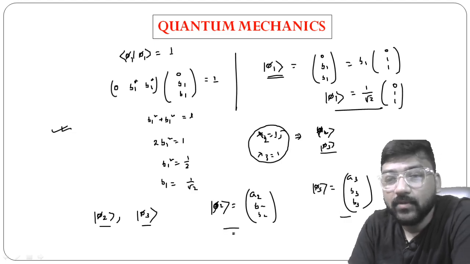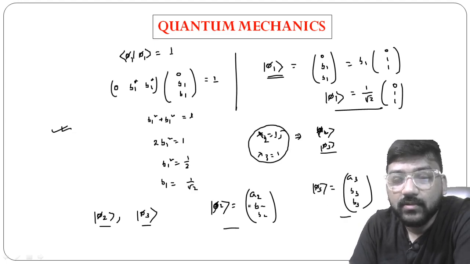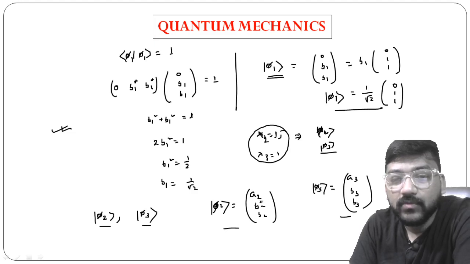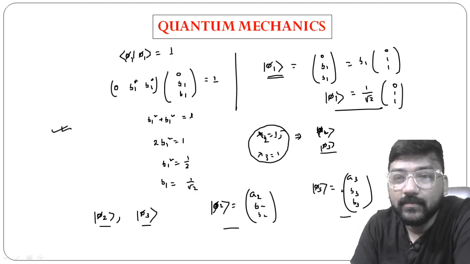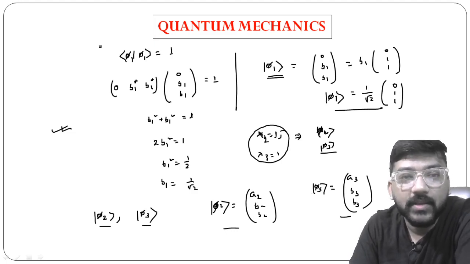You will get a lot of phi 2 and phi 3 corresponding to the values of a2, b2, b2 and a3, b3, b3. But which values should you take such that they are orthogonal to each other?